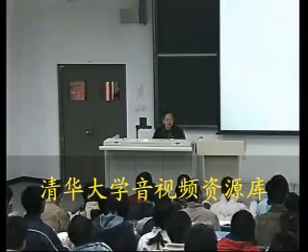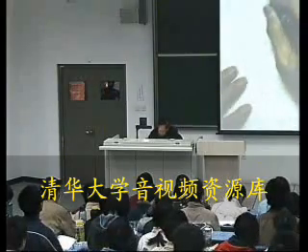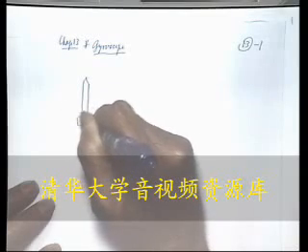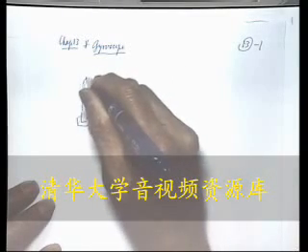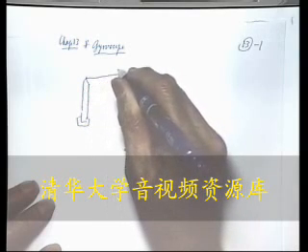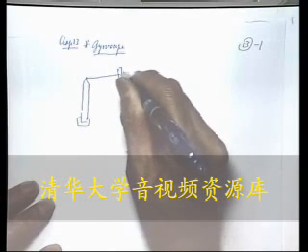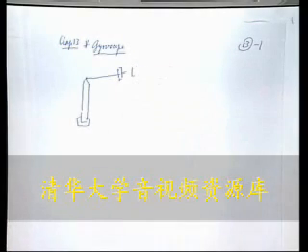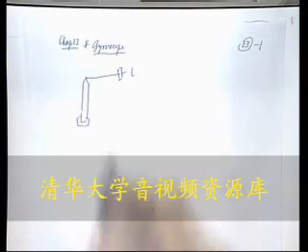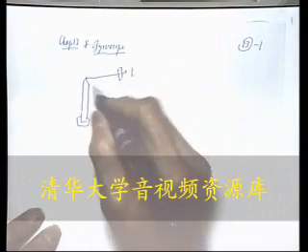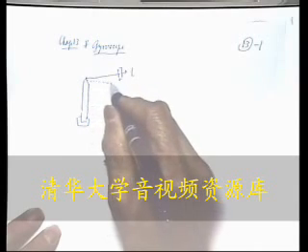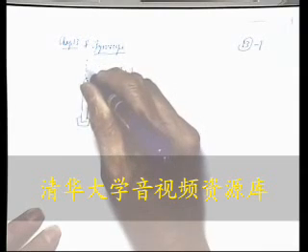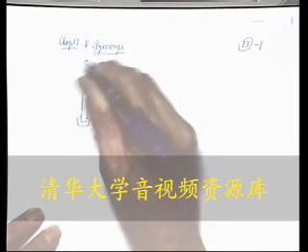We had talked about the gyroscope. If it has an angular momentum of L, this is the z-axis.